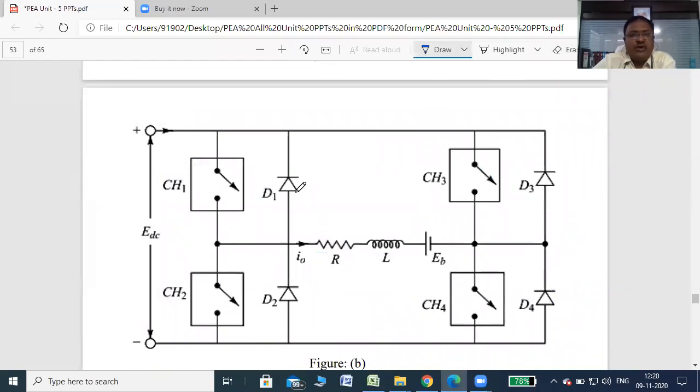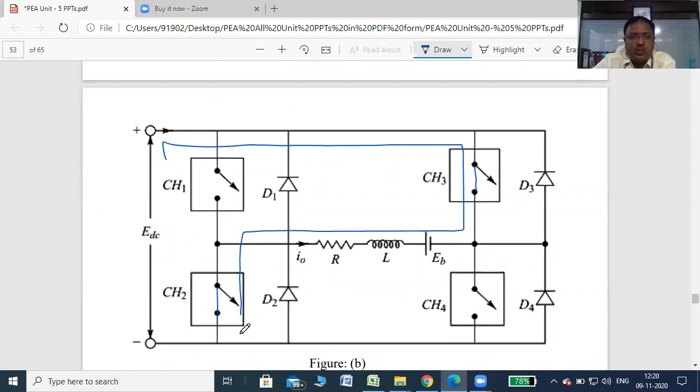In the third case, when chopper 3 is on and chopper 2 is also on, the current starts to flow from plus EDC, chopper 3, then L, then chopper 2 and back to the supply. This time the current is reverse and the voltage is also reverse.